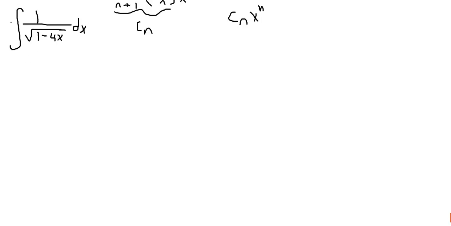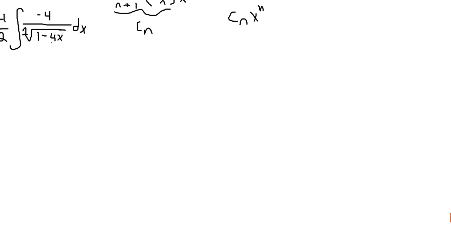So what we have to do is multiply the outside by negative 1 half, and multiply the top by negative 2. And if we multiply top and bottom by 2 again, this becomes a negative 4.